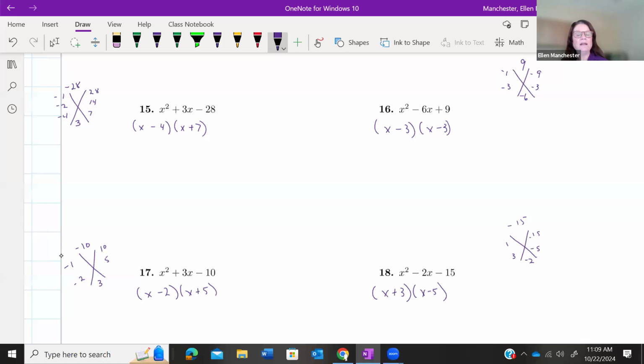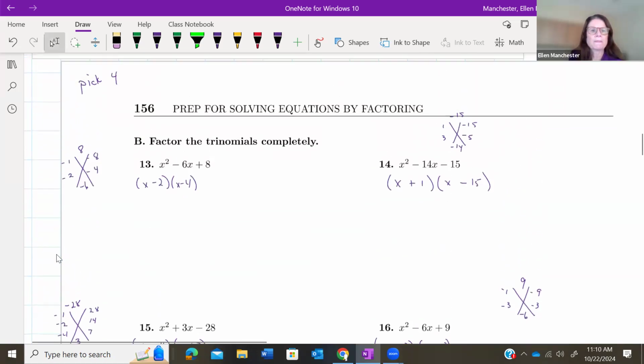One thing that is a little different on number 15 and 17, but the concept is the same. On 15, you're getting a negative 28 when you multiply, so one has to be positive and one has to be negative. The middle term indicates which number is going to be positive and which is going to be negative. If the middle term is positive, your larger value has to be positive, as opposed to 14, where your larger number had to be negative because when you add, you get a negative 14.